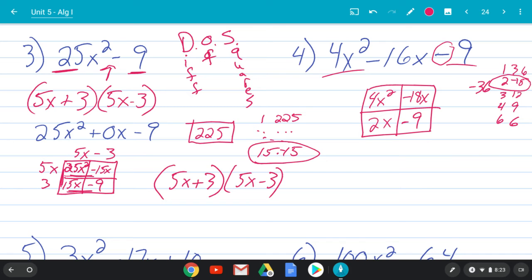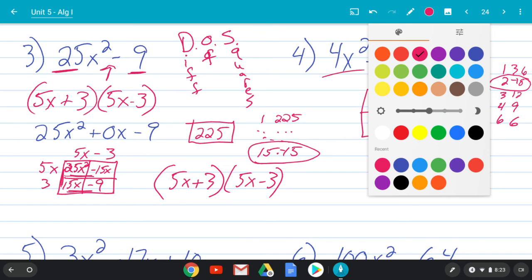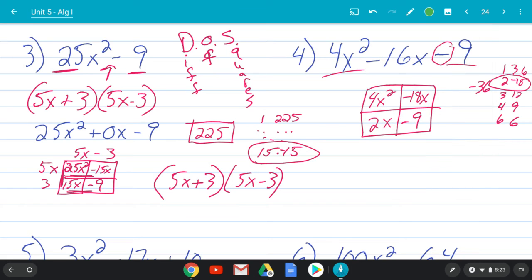All right, so now I've got to factor out. What's the greatest common factor between 4 and 18? 2, and an x comes out. Good. Between 2x and negative 9? Just a 1, right?